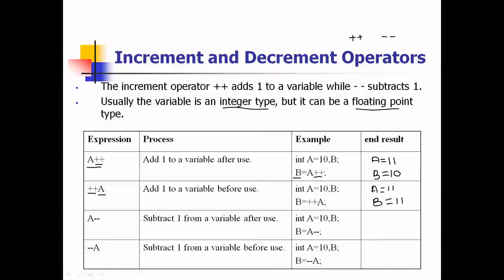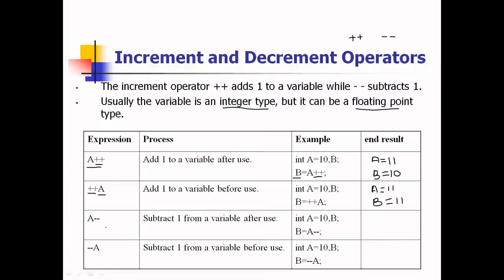The value is incremented first, then it is assigned to b. That means earlier a was 10, when we say plus plus a it will become first 11 and that 11 is assigned to b. So both a and b are having value that is 11.